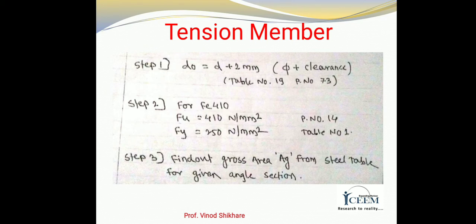The values of Fu and Fy for a particular grade of steel are given on page number 14 in table number 1 of IS code 800 2007. Then step number 3: find out the cross sectional area, that is AG, from the steel table for the particular section given for designing.